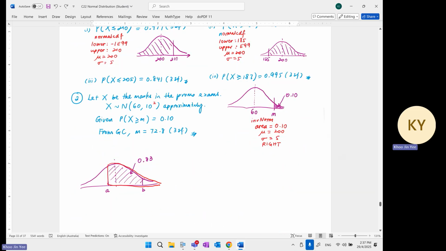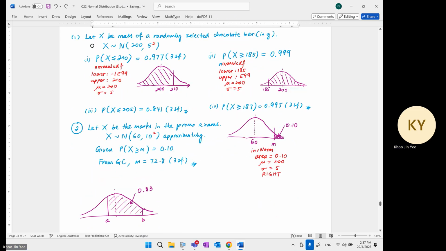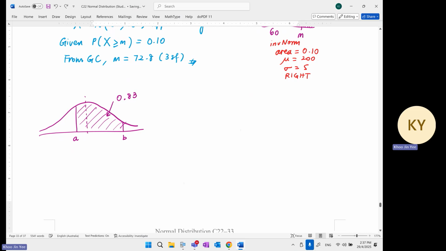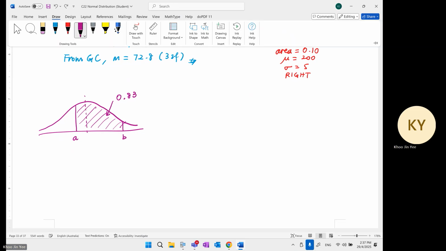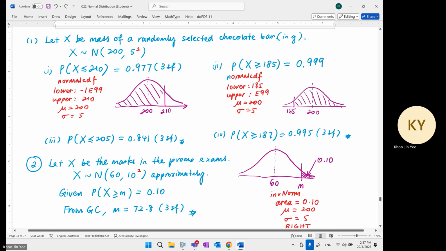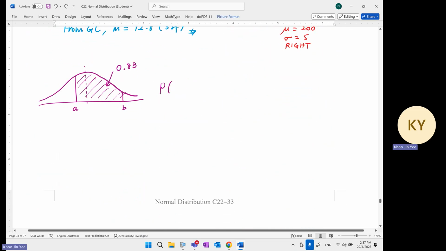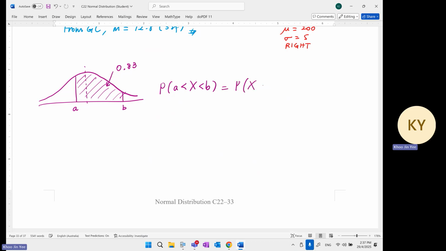So technically, you can do something like this. The probability where x is in between A and B would be equal to the probability where x is greater than A minus the probability where x is greater than B. Meaning I'm looking at this area minus this small part over here.